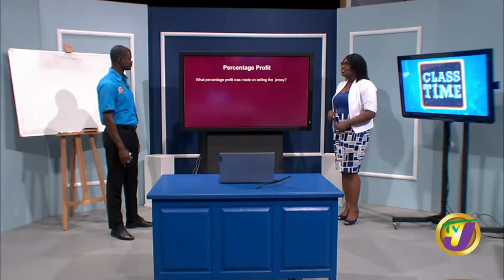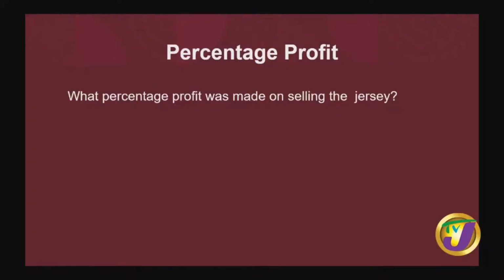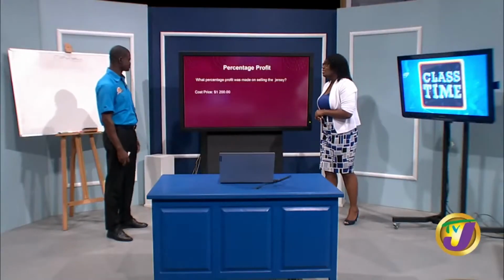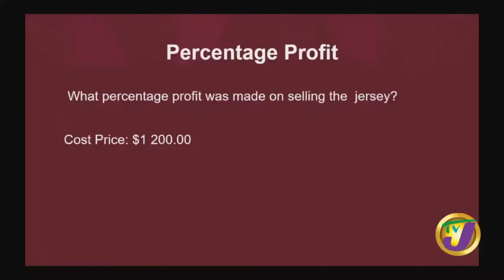So let us look at our jersey situation and calculate the percentage profit made on selling this jersey. We made a profit of $300, and we just looked at the formula to calculate profit or loss. My cost price was $1,200. I sold my jersey for $1,500, and I made a profit of $300.